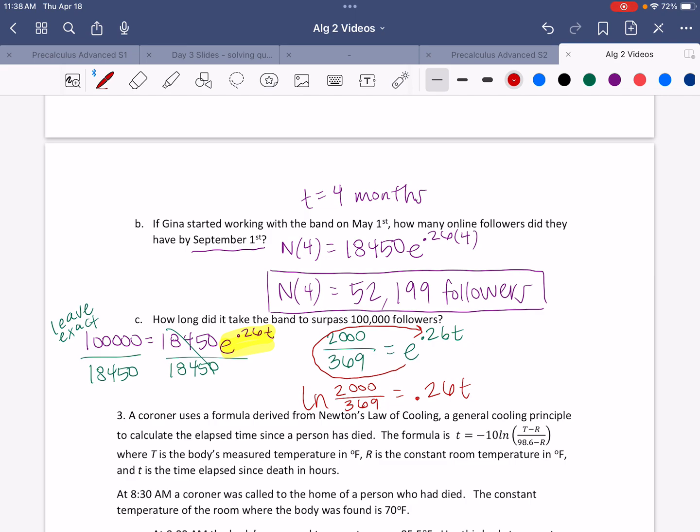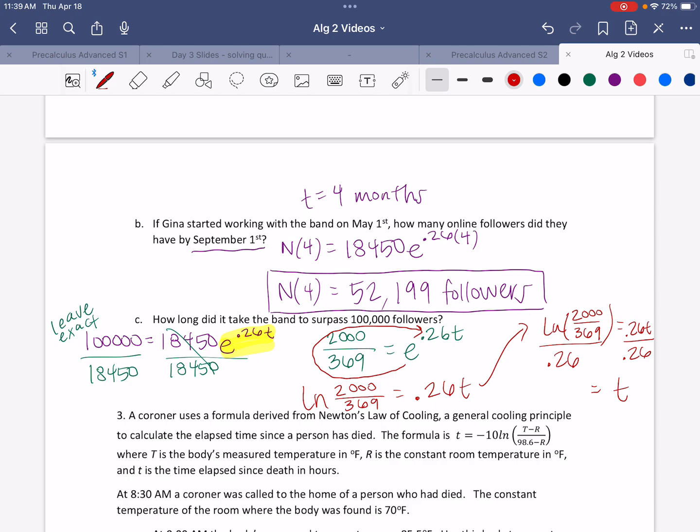Okay, so then to solve for t, we're going to have to divide by 0.26. So last line over here, the natural log of this fraction is going to get divided by 0.26. This is my exact answer.